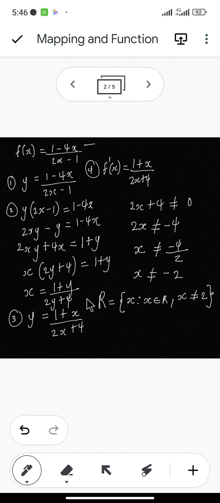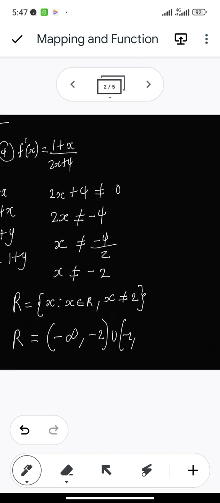Now another way of representing this is interval notation, and you have this as negative infinity, comma, negative 2, union, negative 2, comma, infinity. So we'll take another example for more clarity.